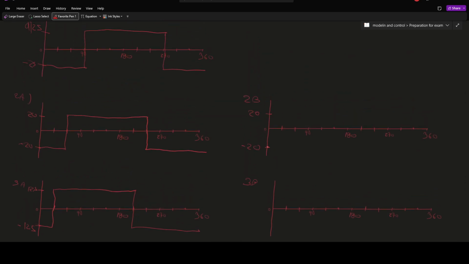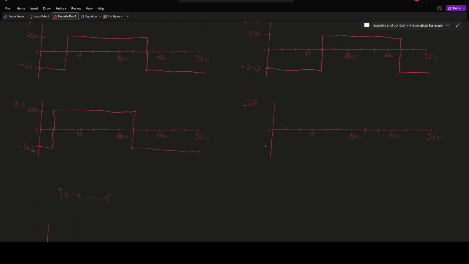So we know that this one is going to be negative until 30 degrees plus 90, and it's going to be positive until 30 degrees after 270. And for the next one, we know that this is 12.5 and 12.5. We know that this is going to be negative 60 degrees past 90, and it's going to be positive 60 degrees past 270.